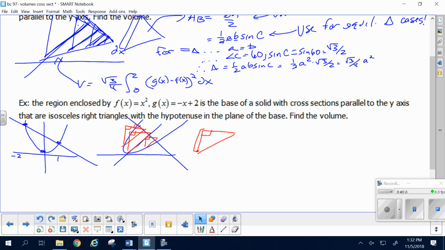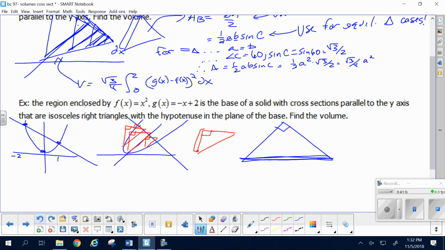Try to do as much geometry as you can. You'll find that the area of the base is actually very clean. This one I suggest you use base times height divided by 2, not 1/2 AB sine C. Okay.